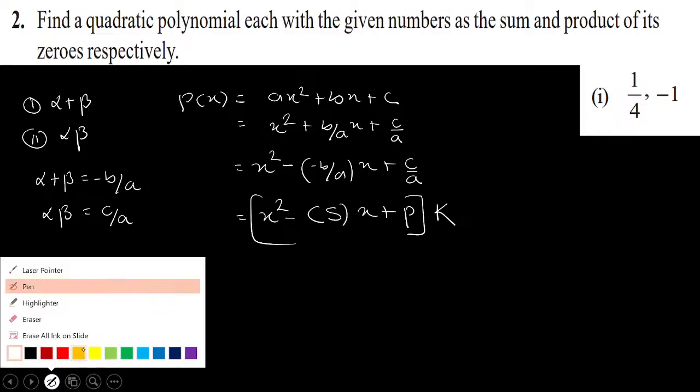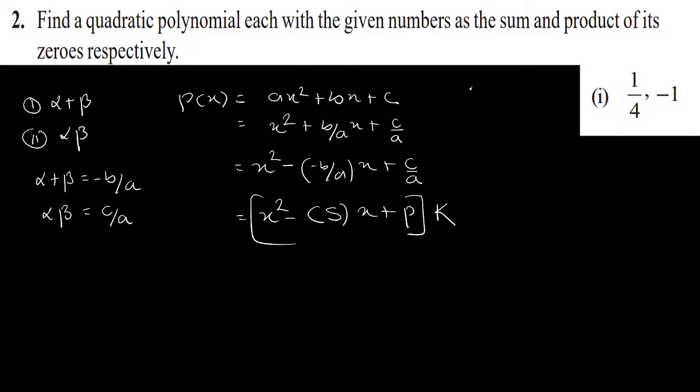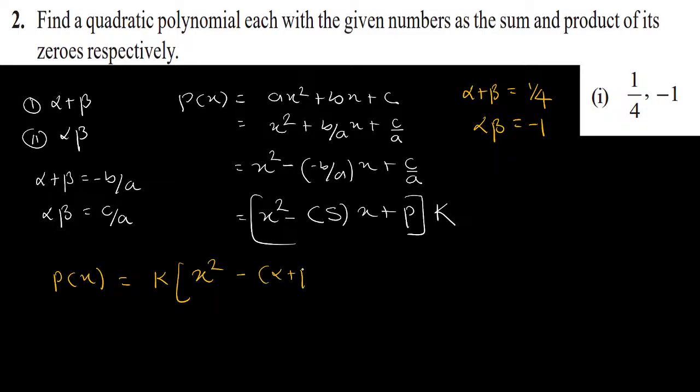In this question, what are we given? We are given alpha plus beta, that is the sum, 1 by 4, and alpha beta, that is the product of zeros, minus 1. So we know the quadratic polynomial can be written as k times x square minus (alpha plus beta) x plus alpha beta, which equals k times x square minus 1 by 4 x minus 1.